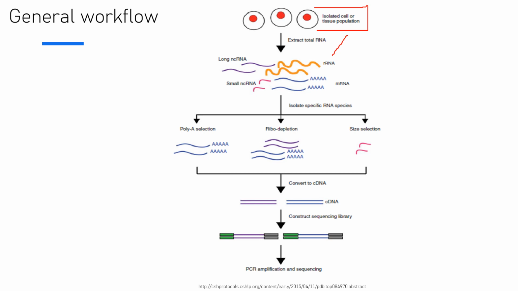The RNA that we get is actually the total RNA, and the total RNA is comprised of messenger RNA, ribosomal RNA, small non-coding RNA, and long non-coding RNA. So it depends on the goal of the experiment.